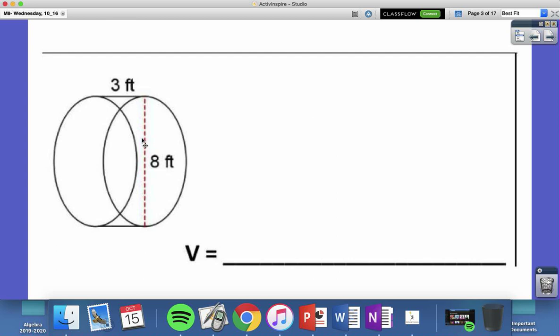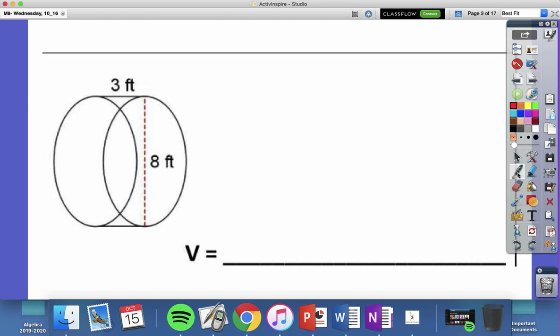So we have our first example. In this image, the 8, since it's across the circular face, would technically be representing the diameter here. And it's the diameter because it's all the way across the circle. The formula calls for the radius, and we know the radius is half of a diameter.